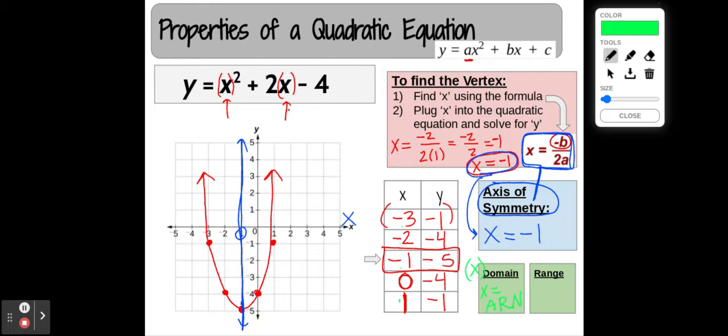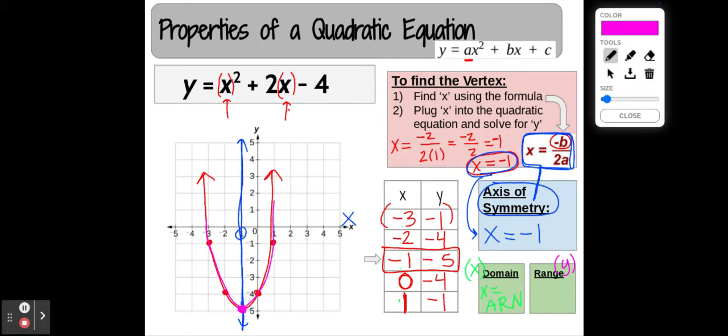Okay, now for range, let's switch it up here. Remember, range is your y values. So let's go over here to the parabola. The lowest point that it touches any y coordinate is right here at -5. And then the parabola goes up in both directions. It's never going to touch anywhere below that.